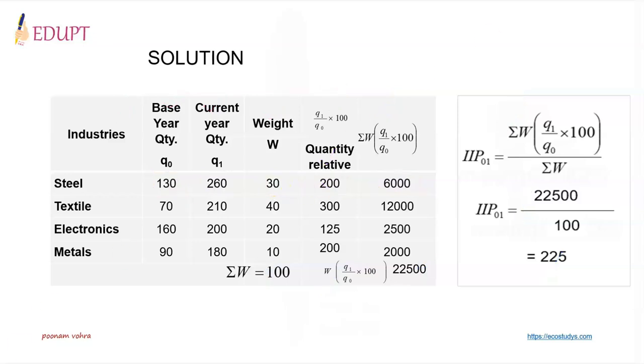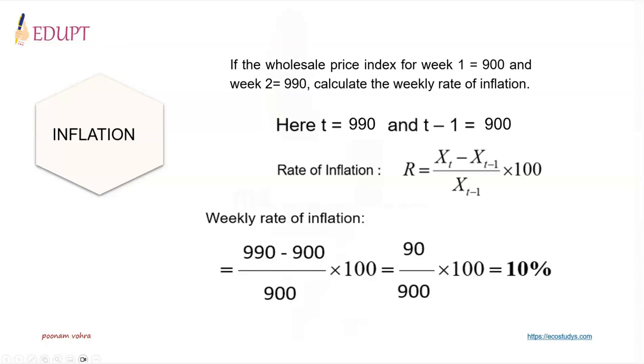225. Now let us understand how do we find inflation. Now if the wholesale price index for week 1 is 900 and week 2 is 990, calculate the weekly rate of inflation. So here XT is 990 and XT minus 1 is 900.